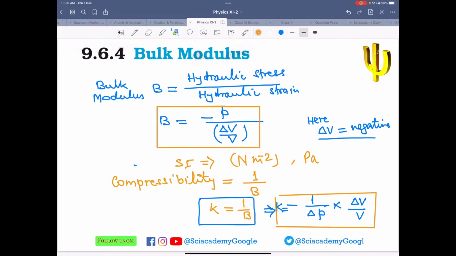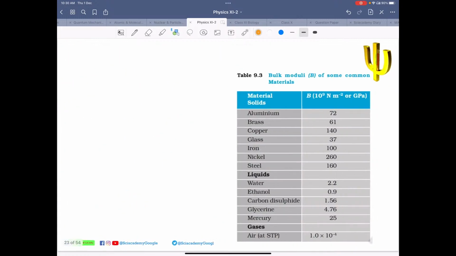So you can see from this table that bulk moduli for solids are much larger than the liquids and gases. So these are the bulk modulus of different materials, and these are for the liquids and gases. So you can see here the bulk modulus is low for liquids and very less for the gases.